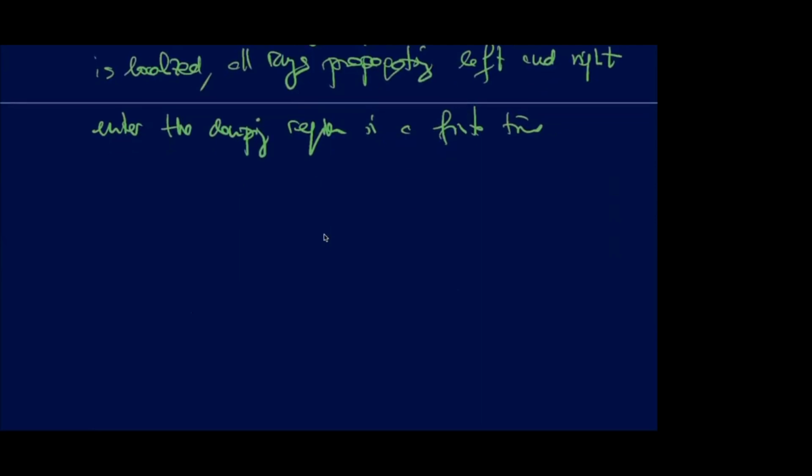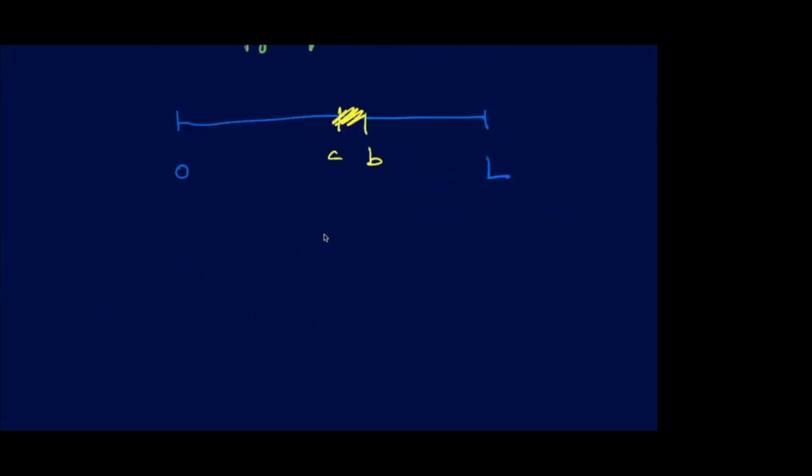So what will be the time? If we are in this example where the string is of length 0L and the damping interval here is AB, this means that the segment to the left will be the segment 0A and the segment to the right will be BL.